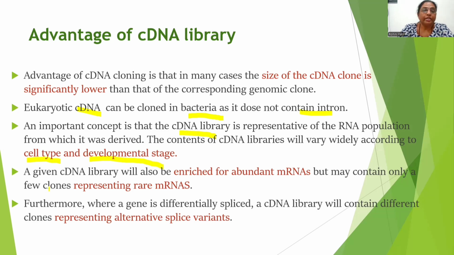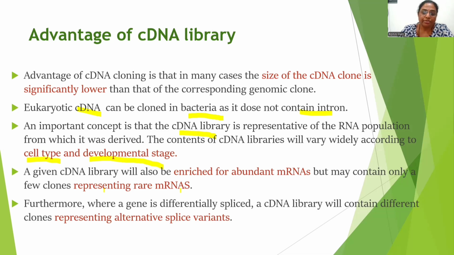Now the next one: the cDNA library will also be enriched for the abundant mRNA, and it will represent fewer clones of the rare mRNA. In the cell, there are genes which are expressed at a high amount, so the expression level is high. Some are moderately expressed, and some are rarely expressed.